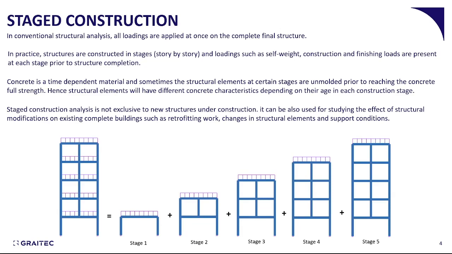In each stage, the load of the floor is applied, and we assume that the previous stage is already deformed due to this load. That's why we see the load applied only on the floor that was the last one constructed.